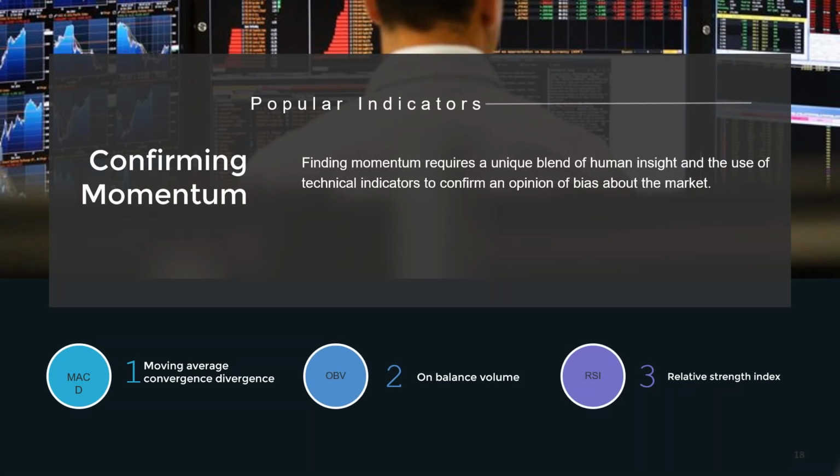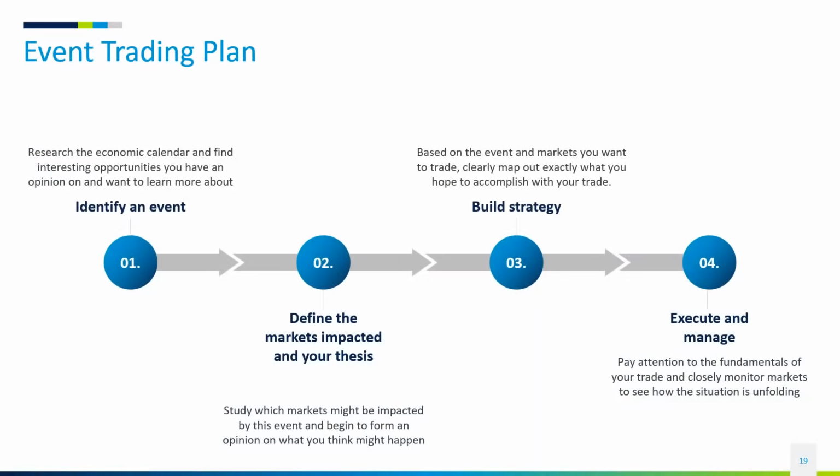Use RSI a lot as well to confirm the momentum we're seeing, right? And so each week, I'd like to have a couple of momentum-based trades in my plan, in my repertoire. I'd like to have a couple volatility-based trades as well. But again, I'll use unique indicators just for those momentum-based trades to confirm the level of momentum that we're seeing.